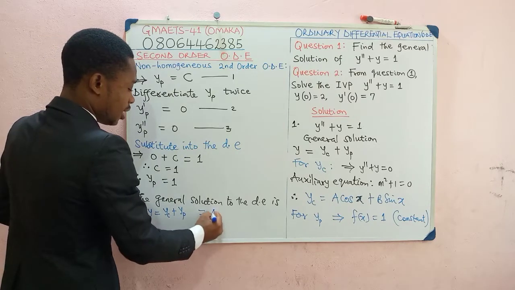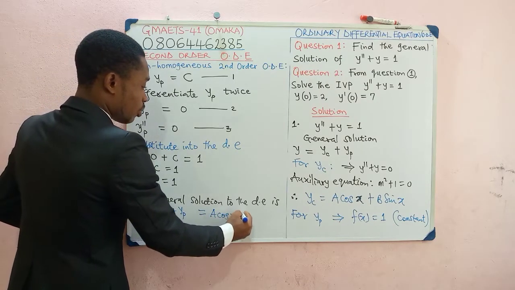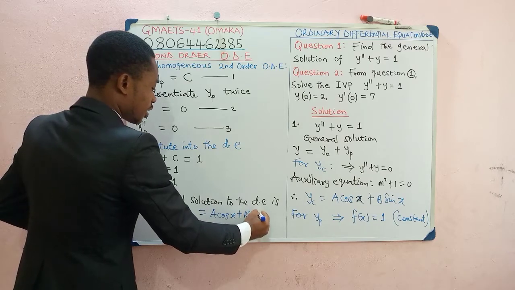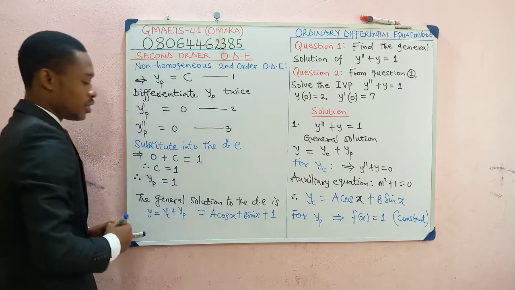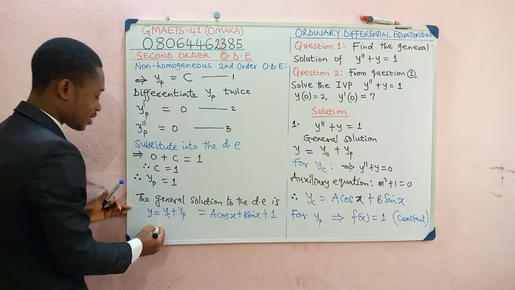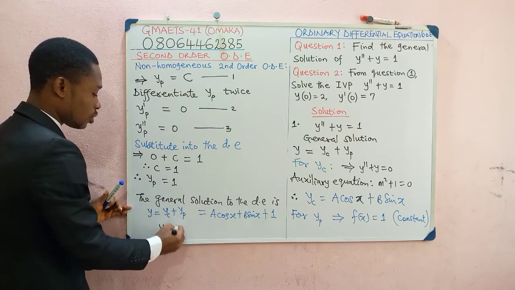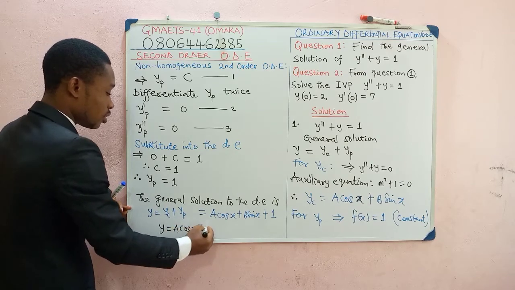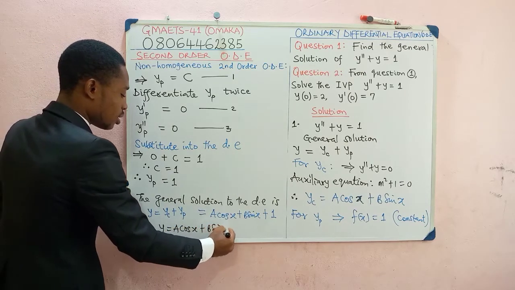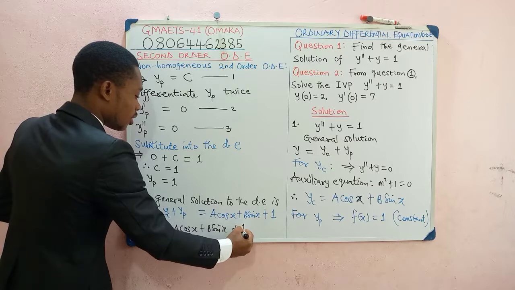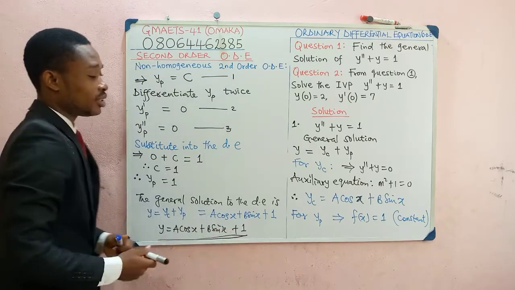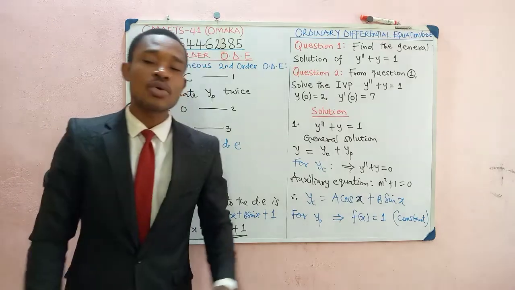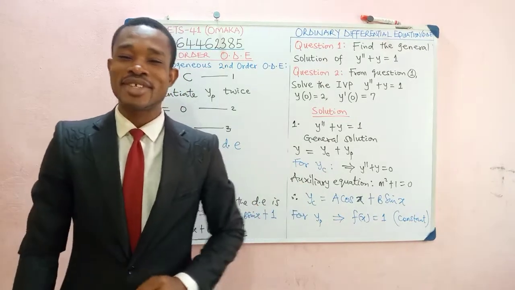Our yc is a cos x plus b sine x. Then plus, what is our yp? Yp is 1, alright? So this becomes the solution. We are saying that y is equal to a cos x plus b sine x plus 1. Alright, if you like, you can bring the 1 first, then plus you add the trig function side. So that's how we obtain the general solution to this problem.